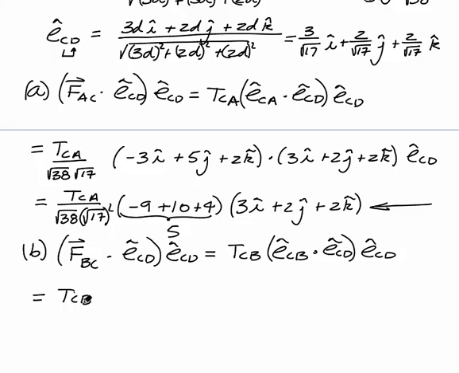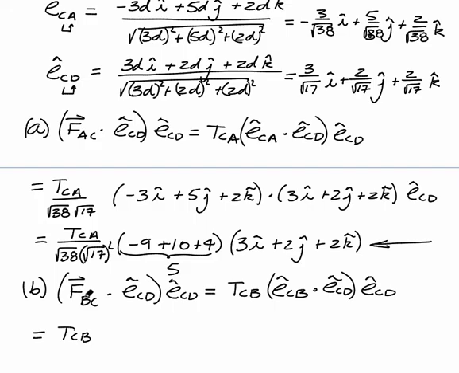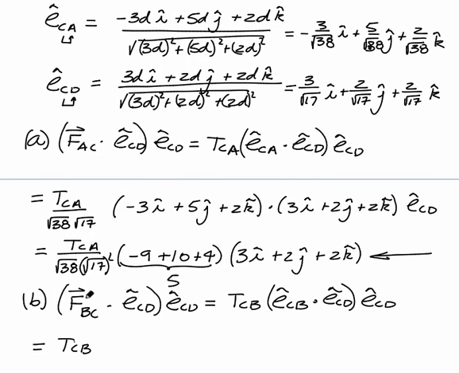And I will end up with, well, I guess I should probably write it out just to be safe here. That's going to be divided by the square root of 29, and that's going to be 5i, I'm sorry, that's a 5j minus 2k.